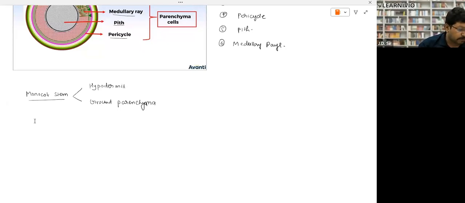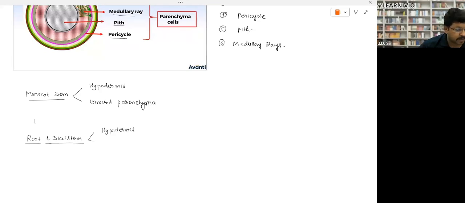Then when we talk about the root and dicot stem, we are talking about both the dicot and monocot root, and dicot stem. There are some more parts differentiated from the hypodermis.